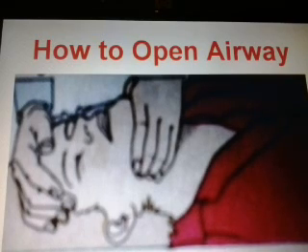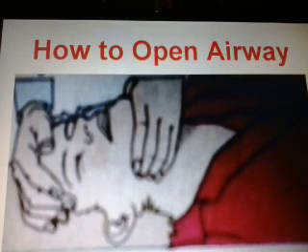An airway is cleared by, number one, use your index finger to hook out any material in the mouth, such as broken teeth, vomit, broken dentures.